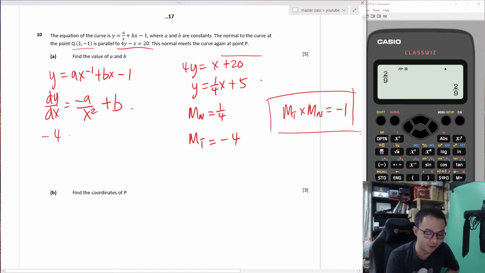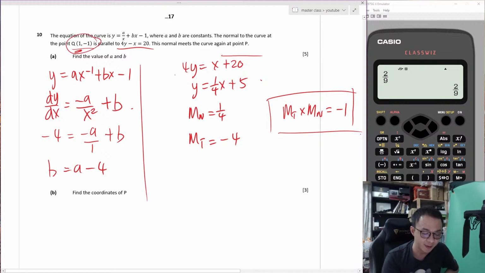So negative 4 equals to negative a over x squared, I can use this x coordinate, which is 1, plus b. So from here, I get b equals to a minus 4. Alright, then I will use this coordinate to form another equation, which I sub into the original equation. Negative 1 equals to a over 1 plus b minus 1.